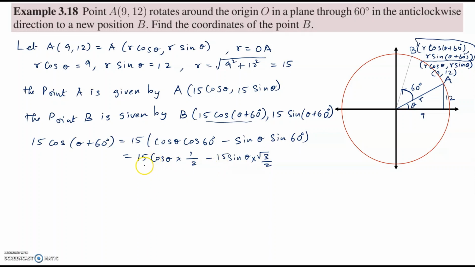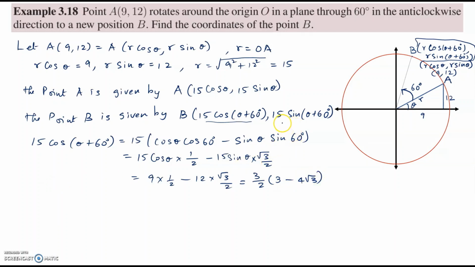Now 15 cos theta is equal to 9, because r cos theta is equal to 9, and 15 sin theta will be 12. So 9 times 1 by 2 minus 12 times root 3 by 2. Simplifying this, you will get 3 by 2 into (3 minus 4 root 3).